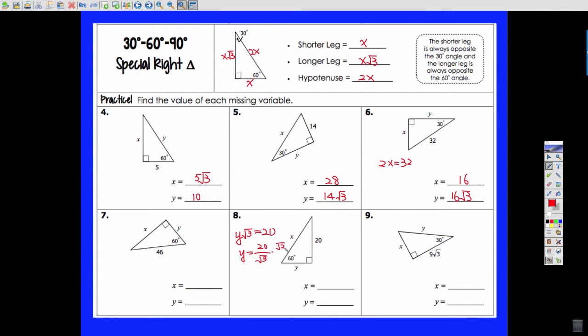And if you multiply by root 3 over root 3, you would have 20 root 3 over 3. If my short leg is 20 root 3 over 3, my hypotenuse is 2 times that, so that is 40 root 3 over 3. Okay? Number 9 is the same, so I'll leave that for your own practice.